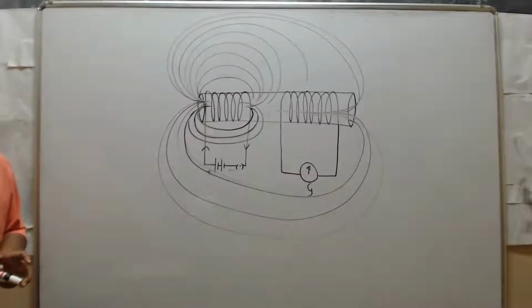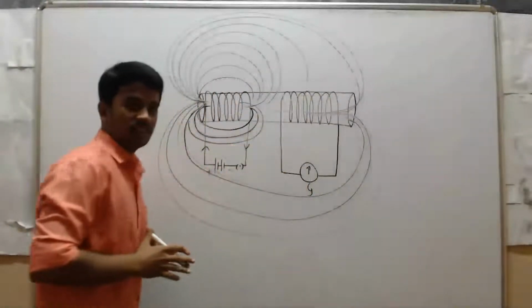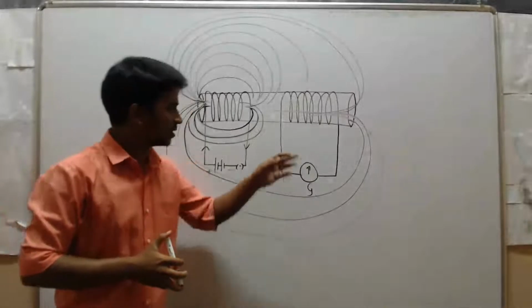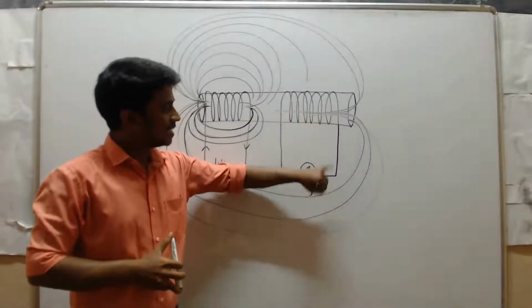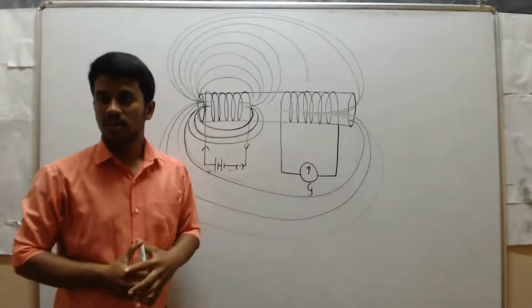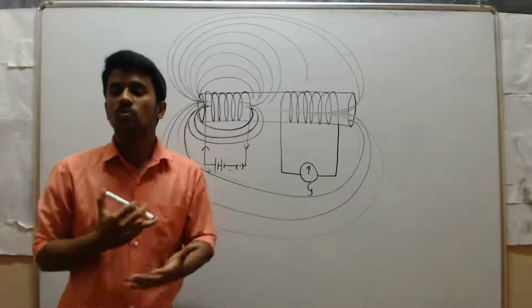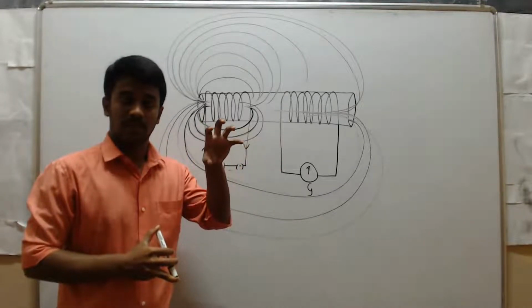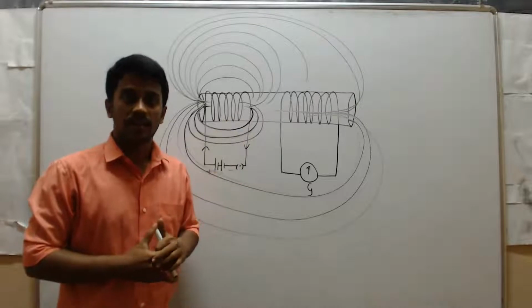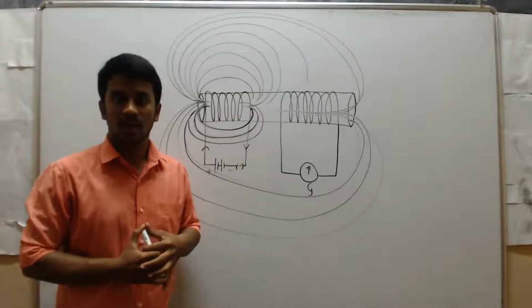Clear? In this case, can I say that electric current is induced or generated in this coil? Earlier you have studied that due to the relative motion between the bar magnet and coil, the current is induced. So we can generate electric current in the coil.